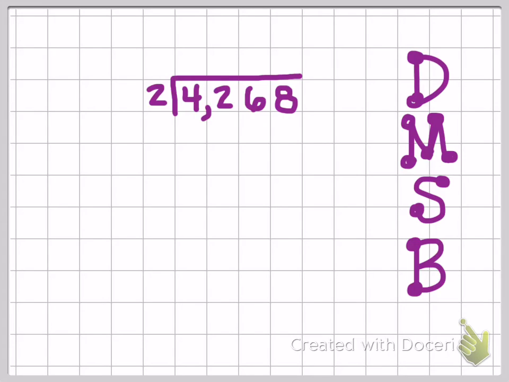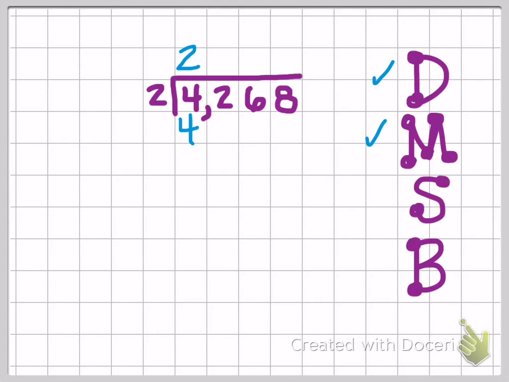Okay, let's check to see how you did. We're going to start with 4 divided by 2. 4 divided by 2 is 2. Next we multiply. 2 times 2 equals 4.